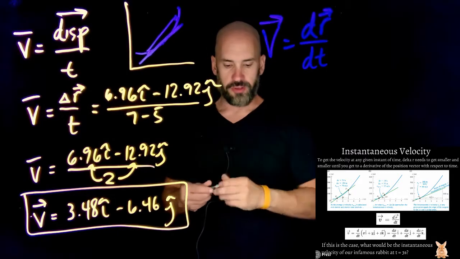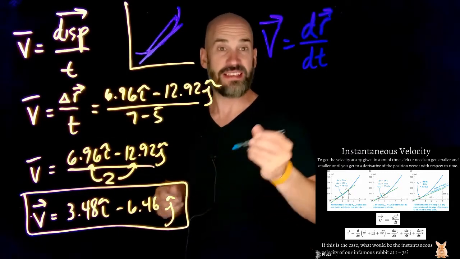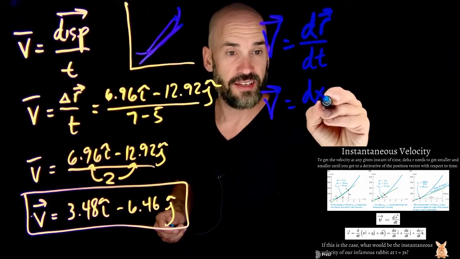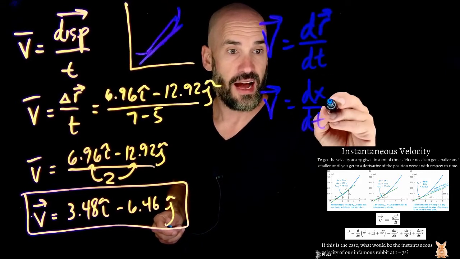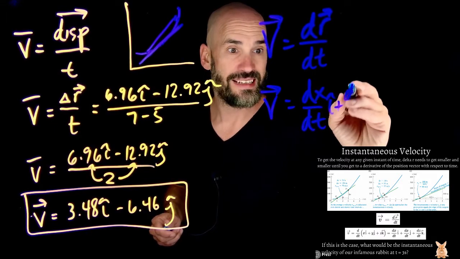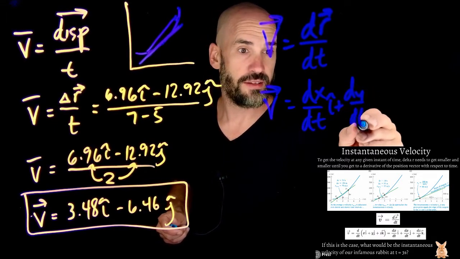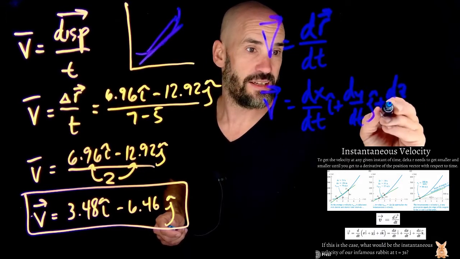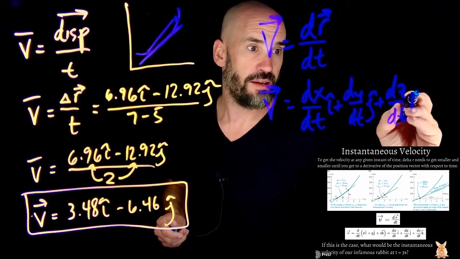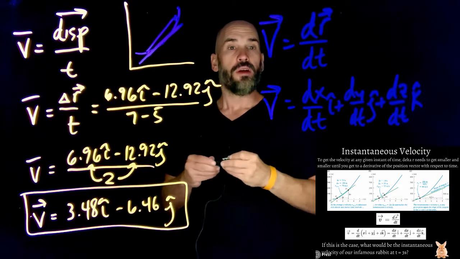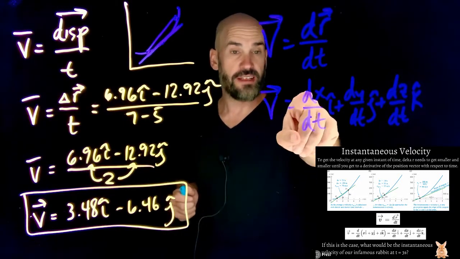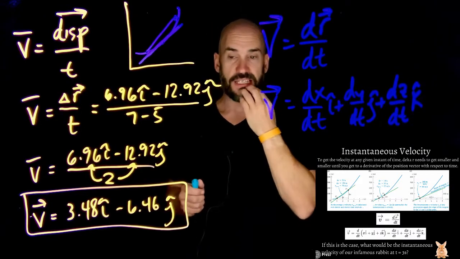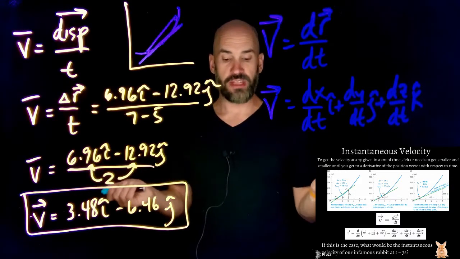That's the same thing as saying that v is really dx/dt i plus dy/dt j plus dz/dt k. So all you're doing is taking the derivative of each component with respect to time. And in the case of the rabbit, what would that look like?